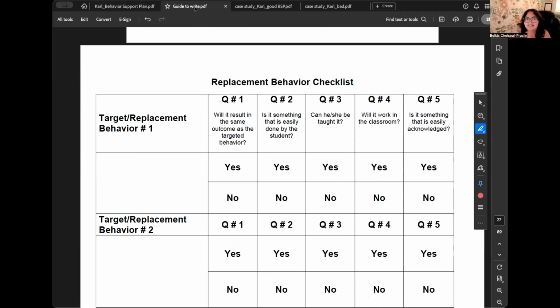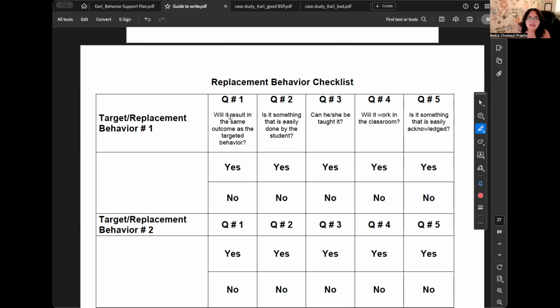We figured out that instead of swearing at me, we want the student to try and get my attention verbally, right? But that does not include swearing. So we'll write that in this big box here, get attention verbally. And then to see if this is actually a replacement behavior that's going to work, generally going to work, very simple checklist.